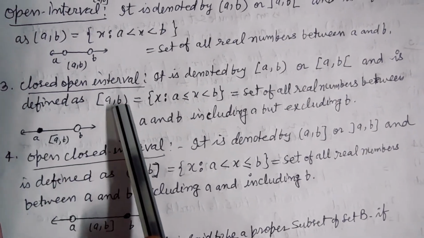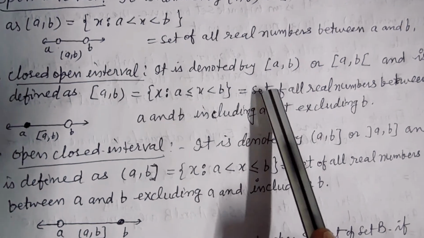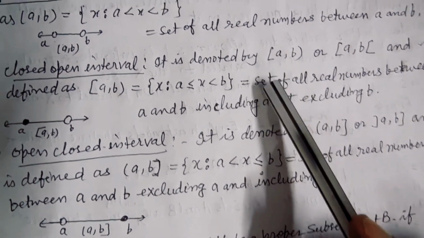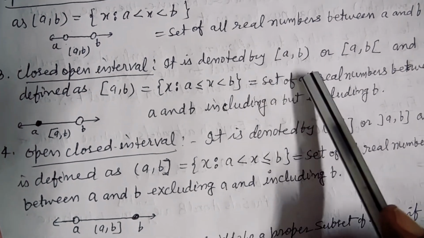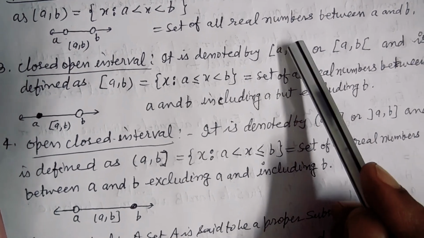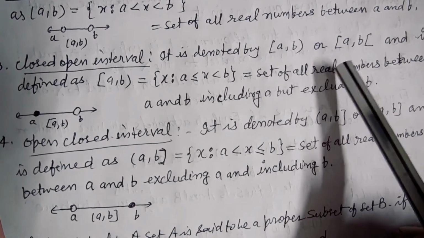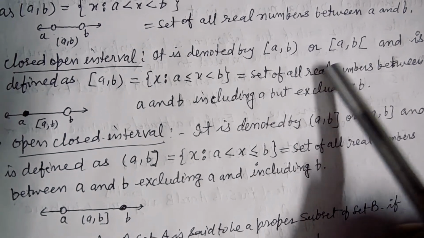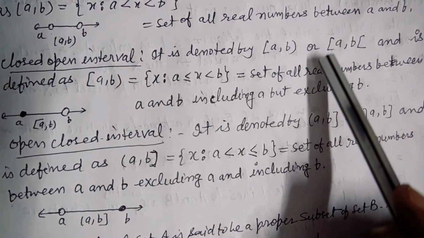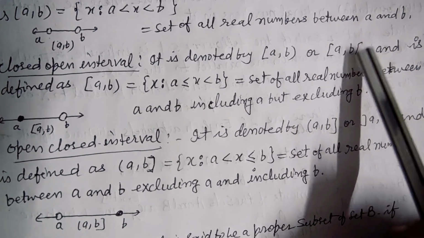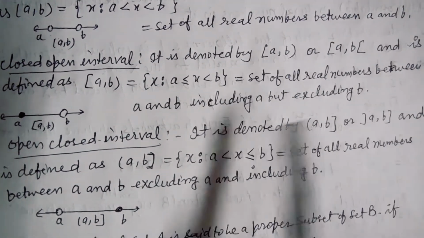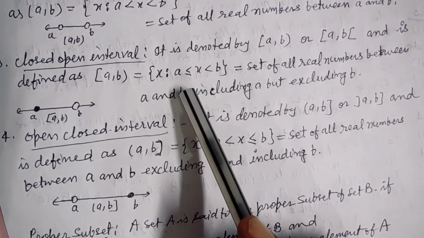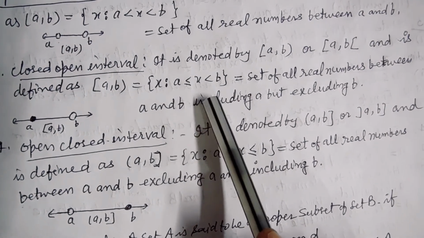Third, closed open interval. It is denoted by [a, b), beginning with a square bracket and closed by a small bracket, and is defined as [a, b) = {x such that x is greater than or equal to a and less than b}.